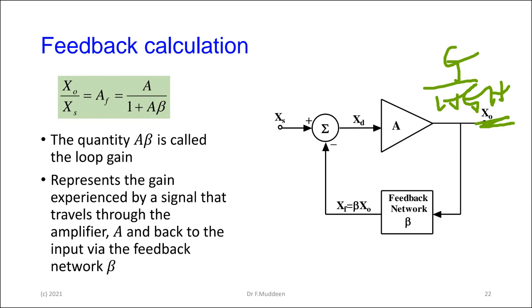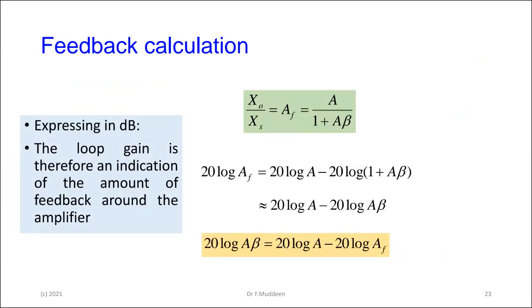So in this case, they call the product A and beta the loop gain. What it represents basically is the gain of the signal that travels through the amplifier, is fed back, and goes back into the input. So that is the function of the beta network and the gain of the loop of that feedback network, right?